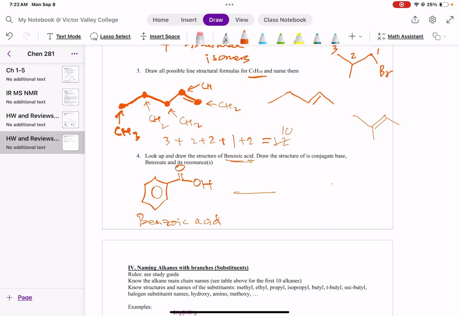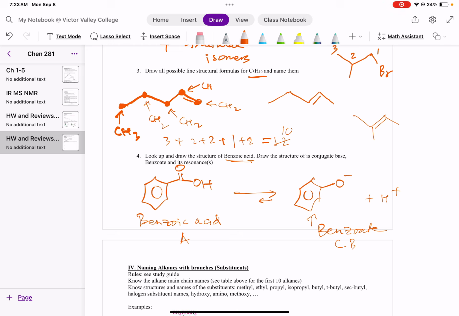And then for the conjugate base, you need to take out the hydrogen. So that's the benzoate, which is a conjugate base. So that's a CB. Conjugate base, that's an acid.